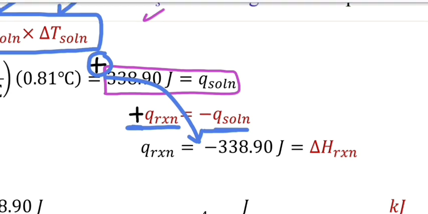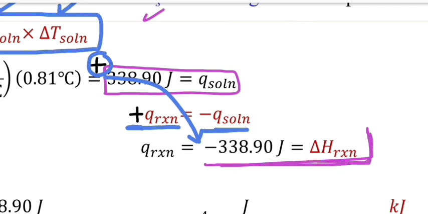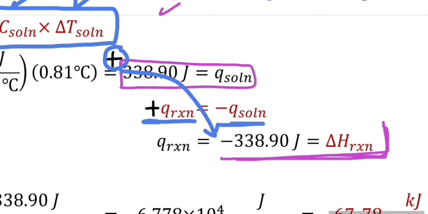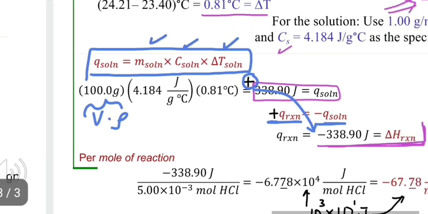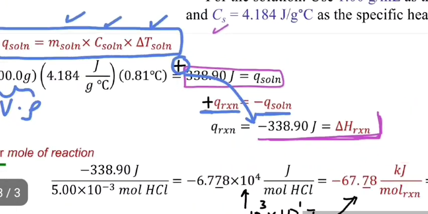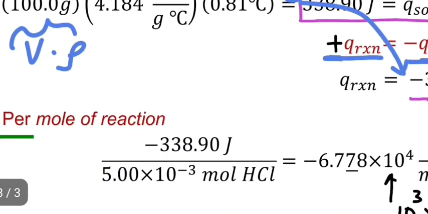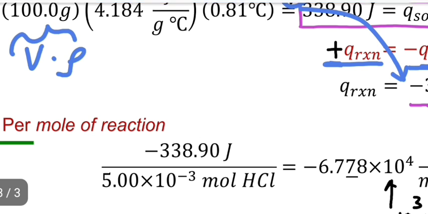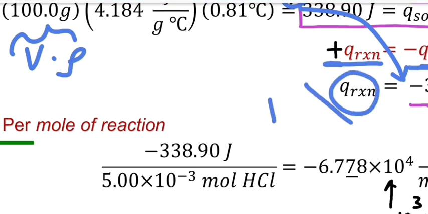Now this is our result. Formally speaking, we don't have to do anything further than that. But since the problem is actually asking us to calculate per mole of the reaction, what we can do is take this heat of my reaction and divide it by the number of moles of one of the components.